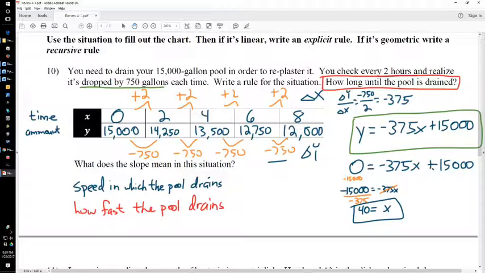Or you can say something like, this is the difference in the water level every 2 hours. Okay, so something that talks about how fast the pool drains.